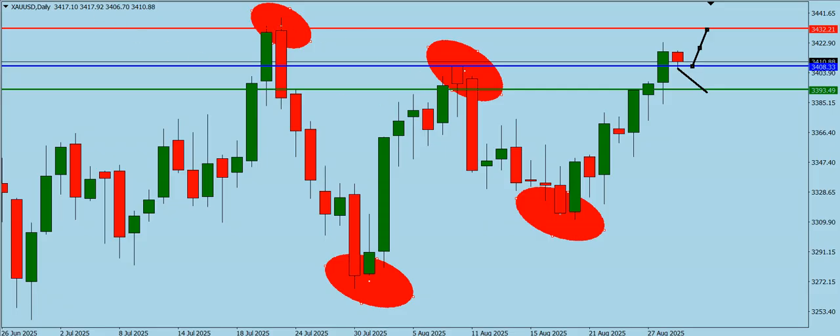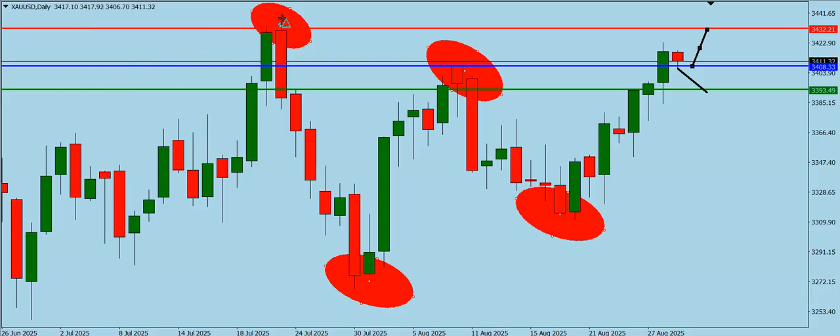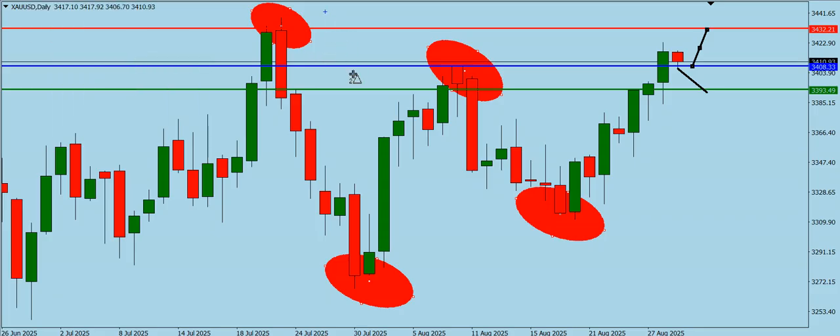So in line with harmonic patterns, we might possibly see price giving us a bearish move.